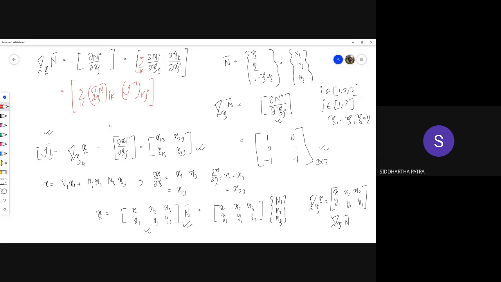You see, if the Jacobian is the gradient of x with respect to ξ, then the inverse of that should be the gradient of ξ with respect to x, or individual terms should look like ∂ξi/∂xj. Okay, now you are multiplying that with this quantity and then doing a summation over k.